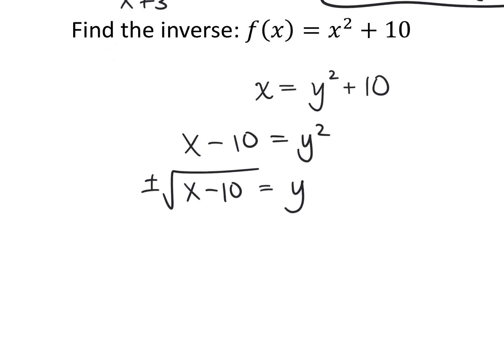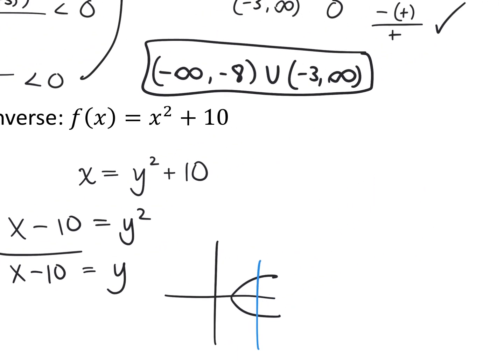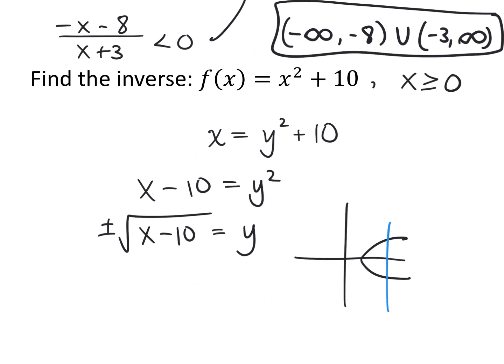Now just a quick note on this. This is a function whose inverse looks like this. You may notice that it would fail the vertical line test. So what we will do occasionally is we will see problems where they will limit the domain. And as a result, our inverse will also be a little bit easier to work with.